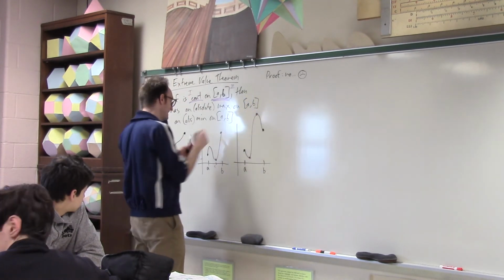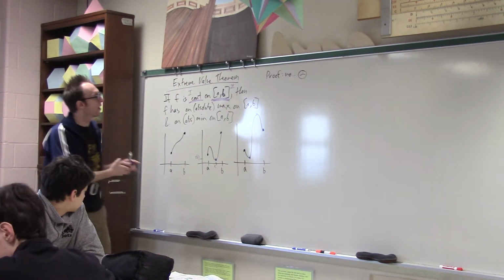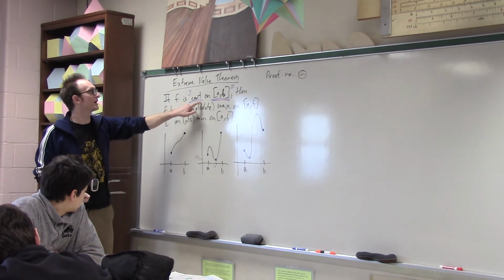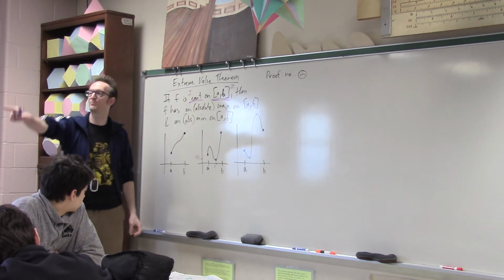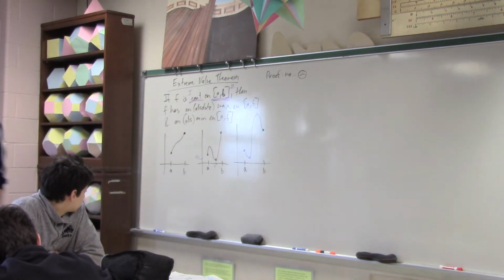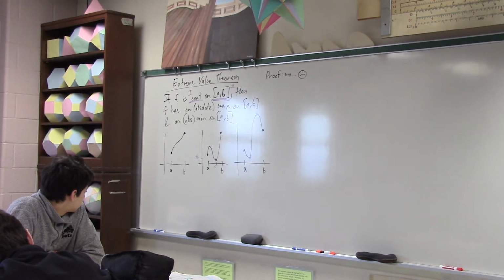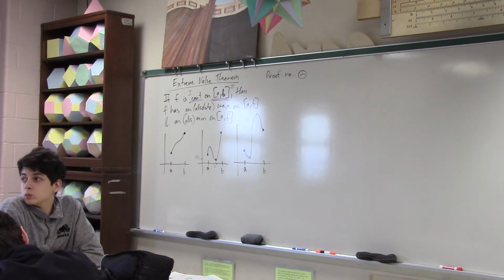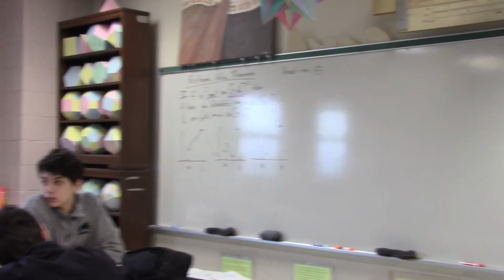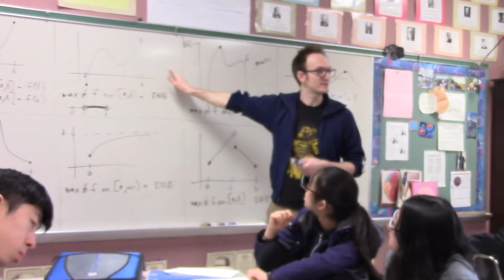Okay, and the last thing to mention is why do we insist upon continuity? Let's point to one of these pictures. Why must we insist upon continuity to ensure that there is a maximum? Because there could not be. For example, which picture? This one. This is the classic example.